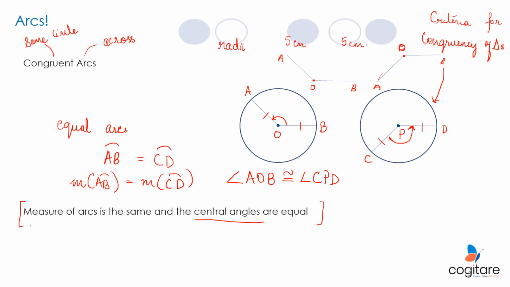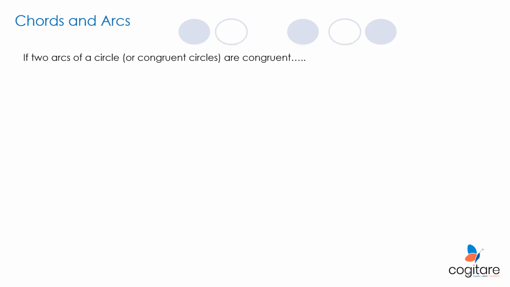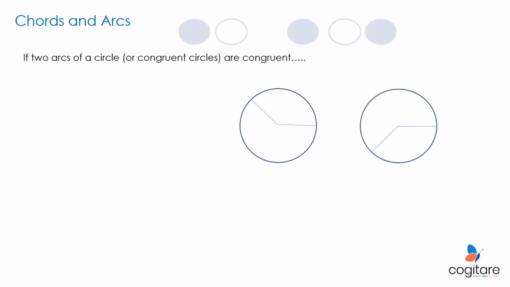Okay, cool. So now let's talk about chords and arcs. Let's say there are two arcs of a circle, or two different circles, but they are congruent. Let's see what happens to their respective chords.